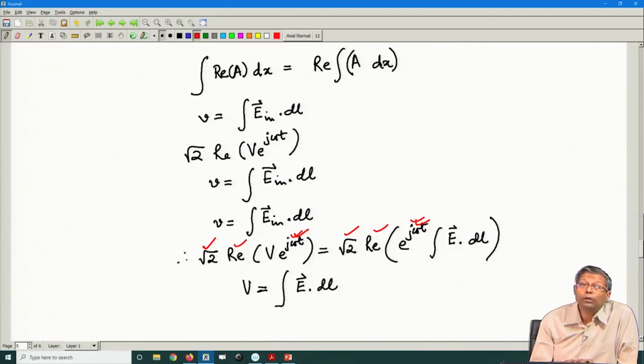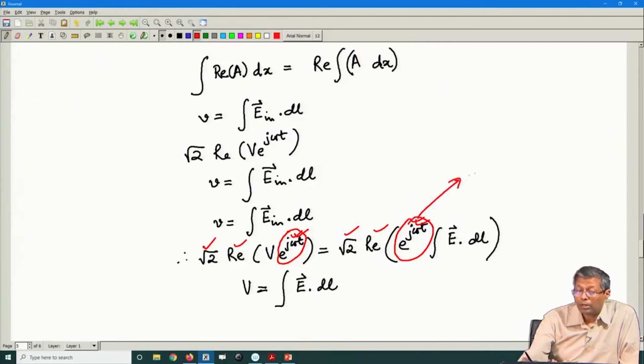The same thing will happen at any given frequency. So, we use the time harmonic form and we do not need to use the e to the power j omega t term. If you look at any paper, they will say that the e to the power j omega t term is suppressed.